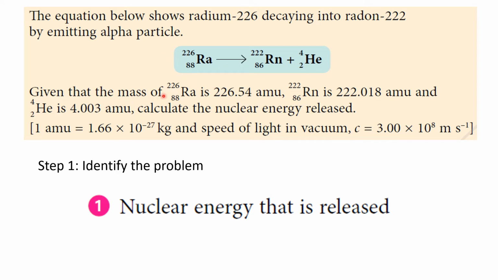Given that the mass of radium-226 is 226.54 AMU, radium-222 is 222.018 AMU and the helium particle is 4.003 AMU, please calculate the nuclear energy released. And I need to tell you that 1 AMU is equal to 1.66 times 10 power negative 27 kilogram and the speed of light in vacuum is 3.00 times 10 power 8 meter per second.